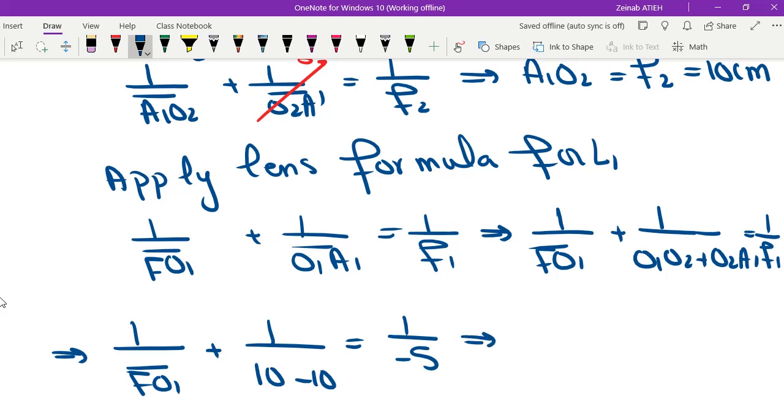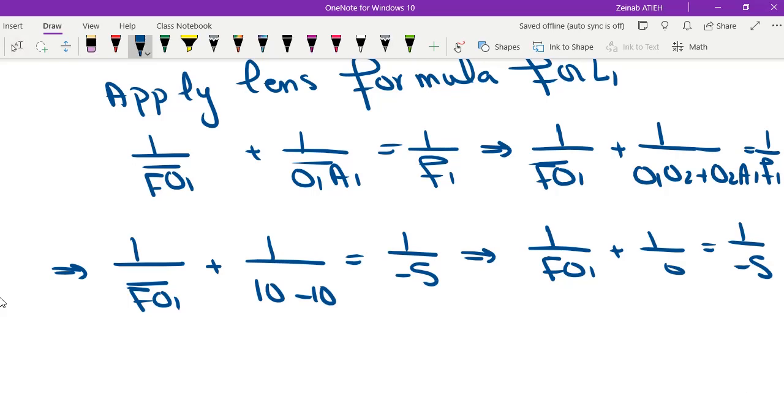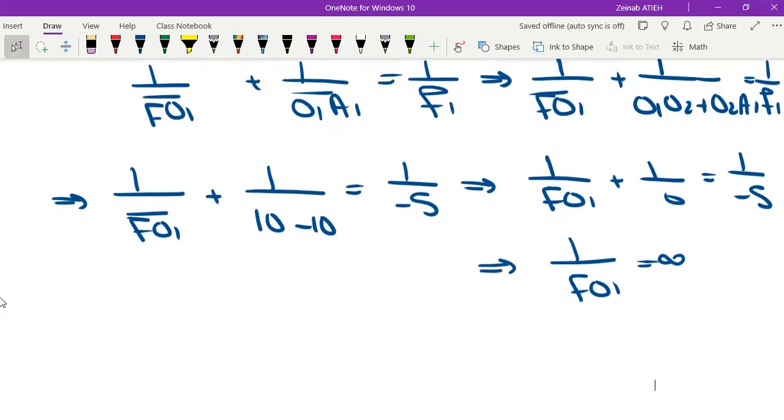So 1 over FO1 plus 1 over 0 equals 1 over minus 5. 1 over 0 is infinity, so 1 over FO1 is 1 over infinity, and FO1 is equal to 0.